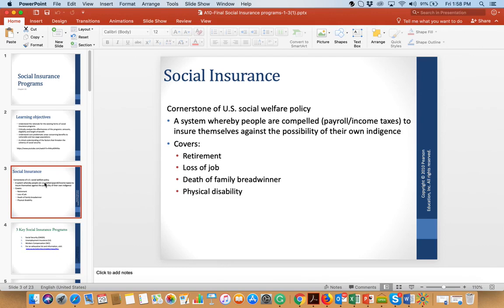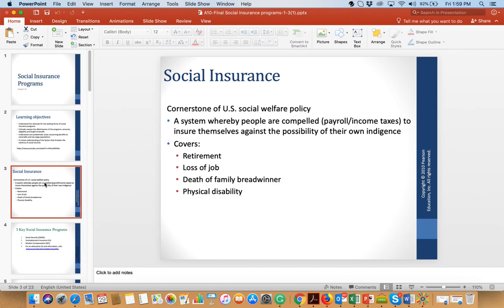You are compelled to insure yourself because the government realizes that there will come a time where your current situation might change. It might change because of indigence. You can fall into poverty anytime. For example, you may retire. Everybody is going to retire. When you are young today, you may think that you are going to be young forever, but you are going to retire at one point.